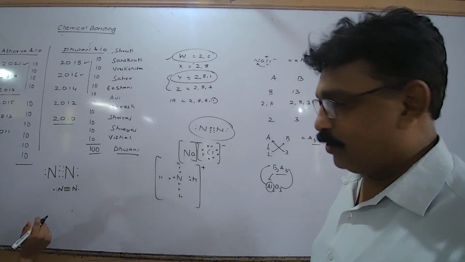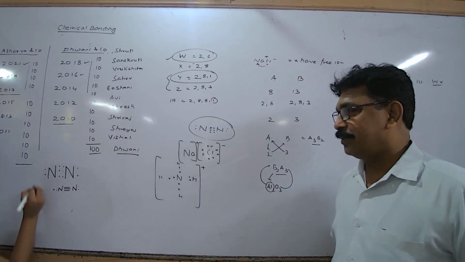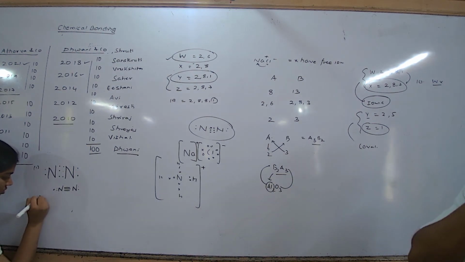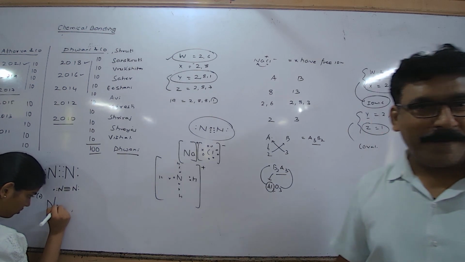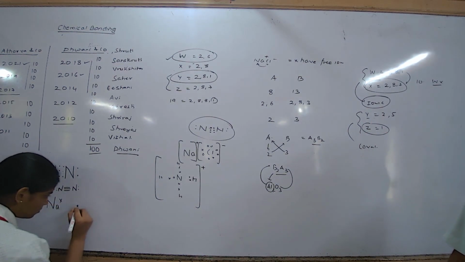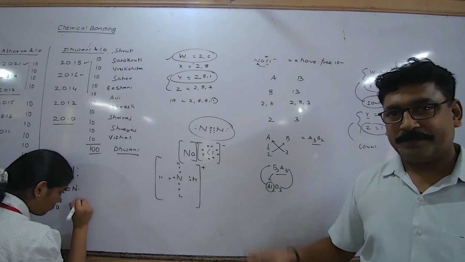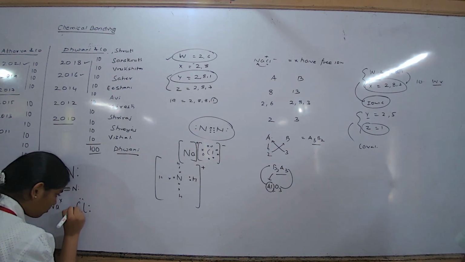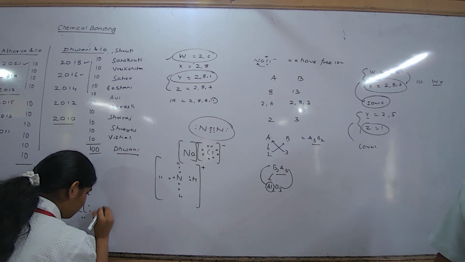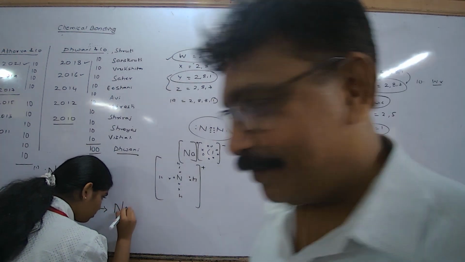Second, sodium chloride. 60 points. She is drawing, redrawing. We have to make the electron dot structure. 60 points for this question.